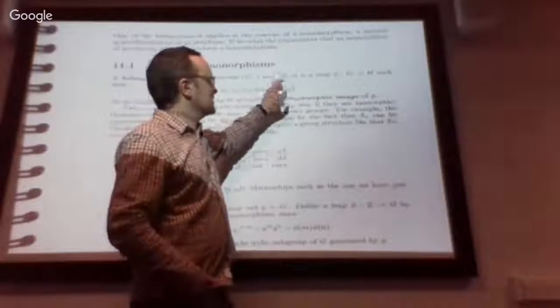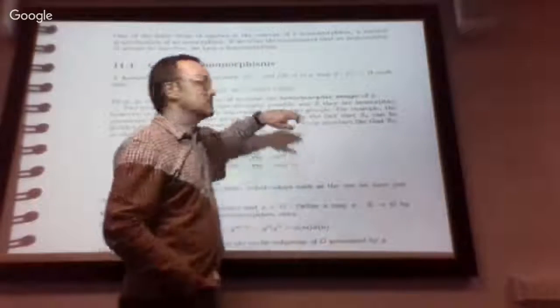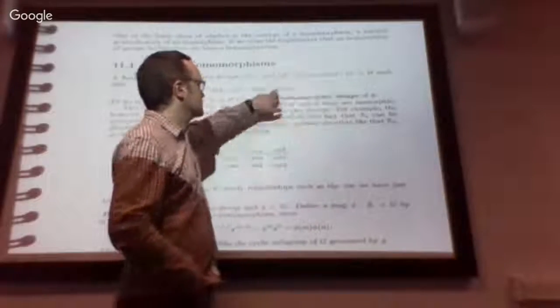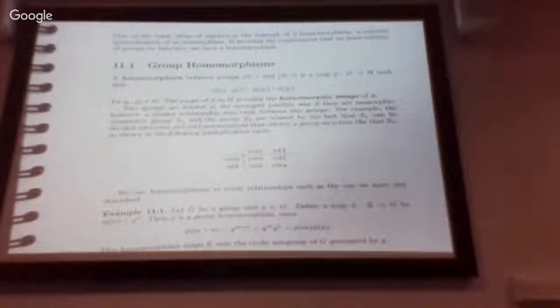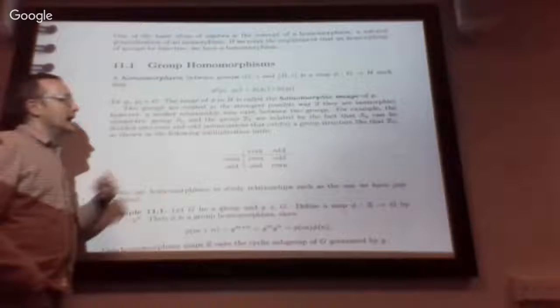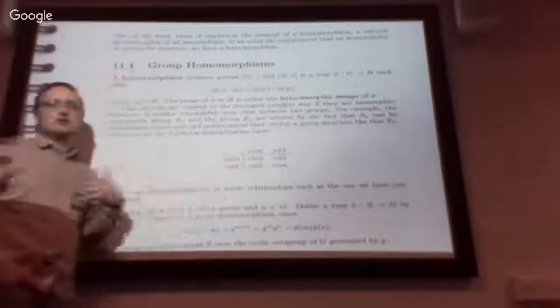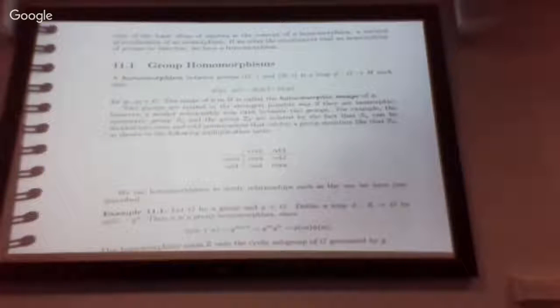And this product here is, of course, taking place in H. So you're multiplying phi of g1, which lives in H, with phi of g2. If that multiplicative type property is always satisfied, then we call it a homomorphism. And indeed, this property can be called the homomorphism property.